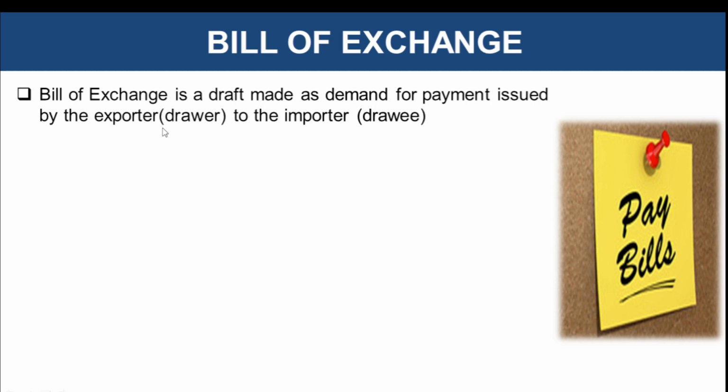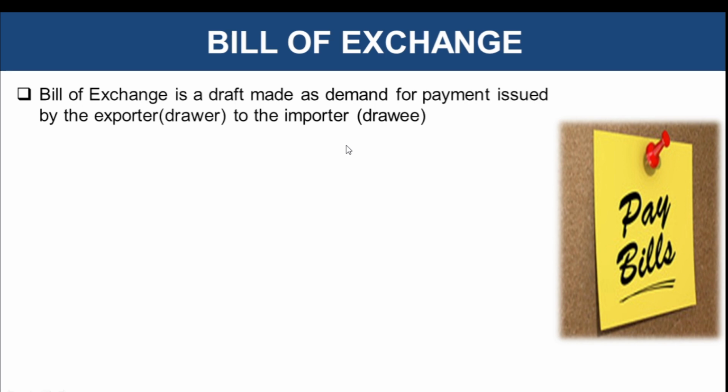Maybe the seller wants the payment to be made to some other party. So he would instruct the buyer, I don't want the payment to myself, please pay my vendor, because anyway I have to pay my vendor. So you directly pay my vendor. So there can be a third party involved who can be named as payee, the person to whom payment is to be made. Then there can be the holder of the bill, the person who is taking possession of the bill.